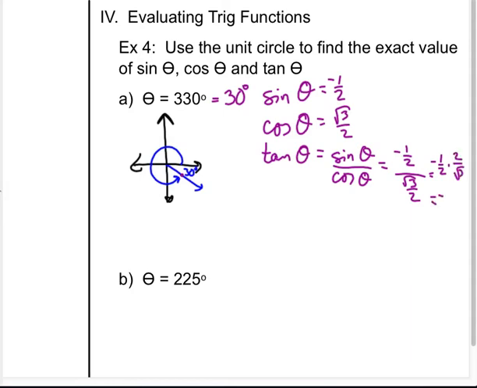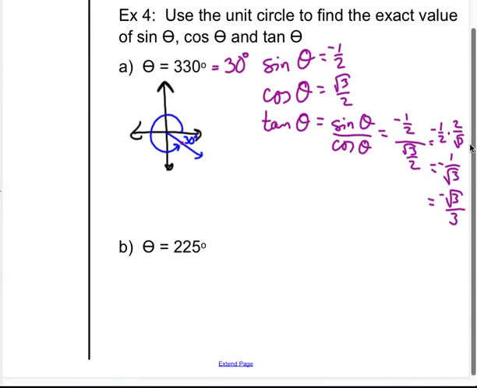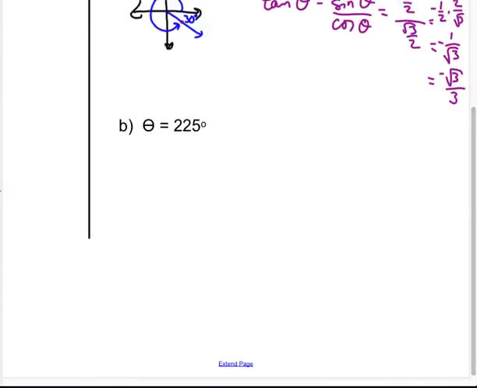So the 2's cancel, leaving us with negative 1 over the square root of 3. And when we rationalize that, we get negative square root of 3/3. And I will, in class, get you the unit circle as well as the tangent values, so you can memorize those as well. And the last example we're going to be looking at is 225 degrees.